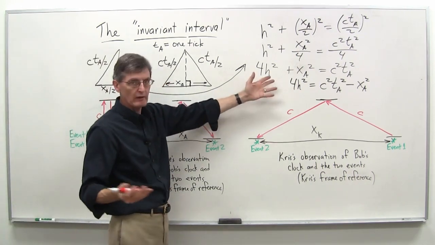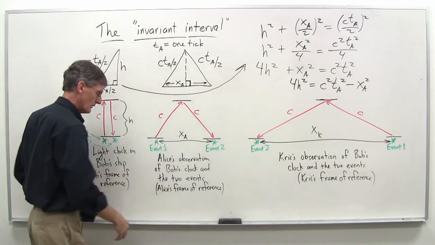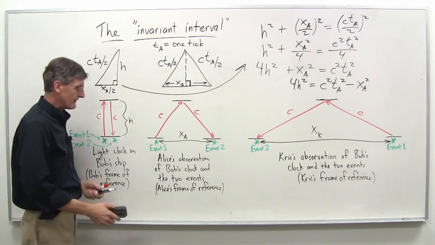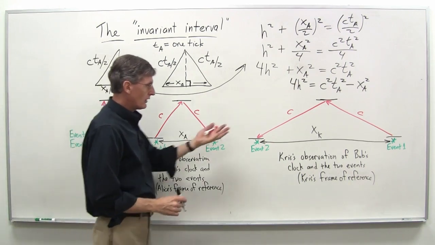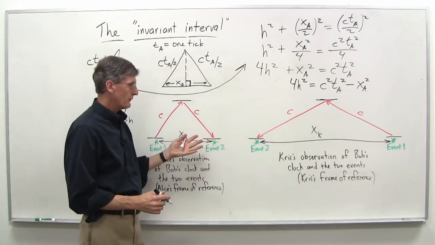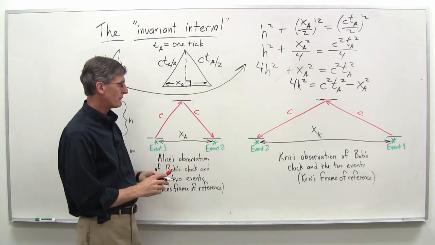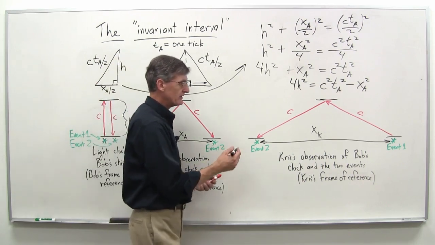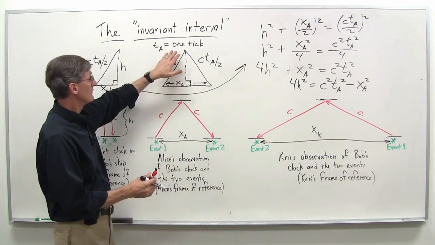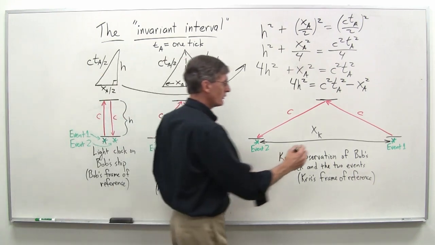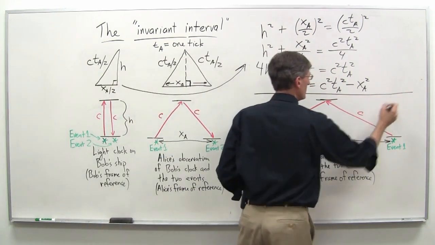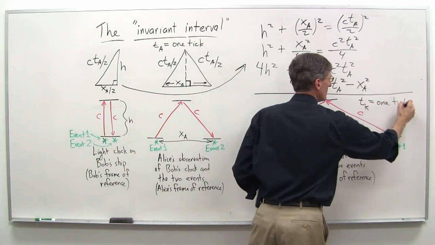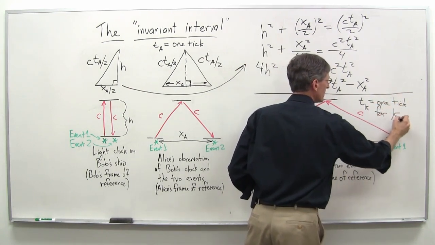And you might be saying, well, big deal. What's the deal here? So that's for Alice. Note that we could do the exact same analysis for Chris here. Now, hers is going backwards, but we have a triangle for her. We'll just do it on the triangle here. We will assume that t sub a was 1 tick for Alice, so here t sub k equals 1 tick for Chris.